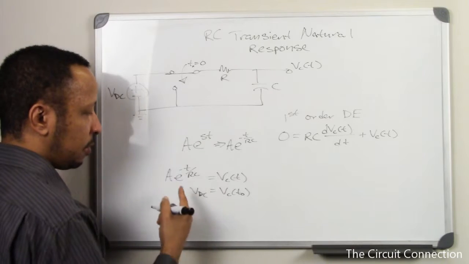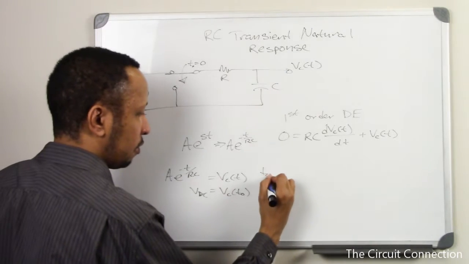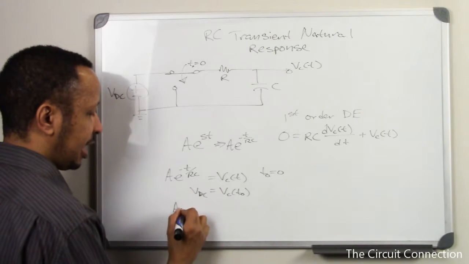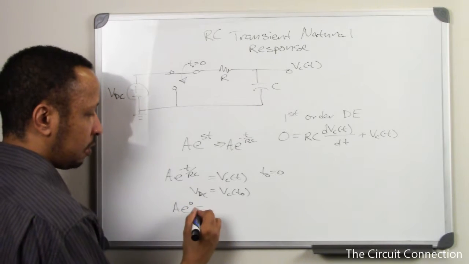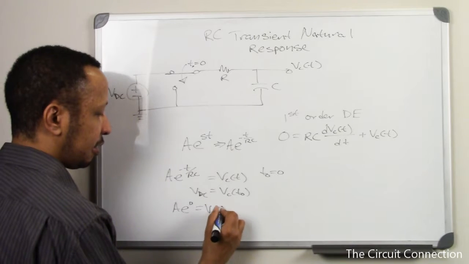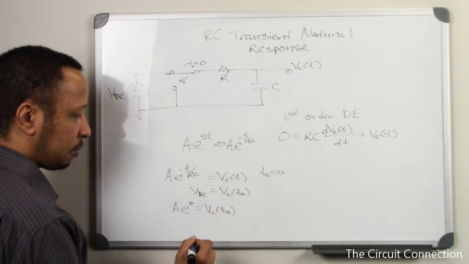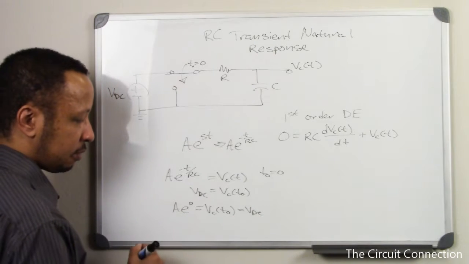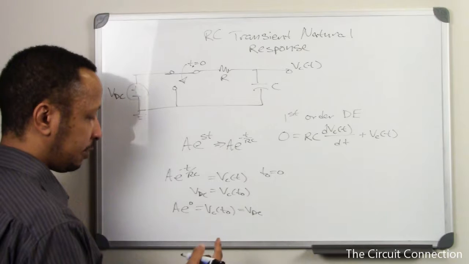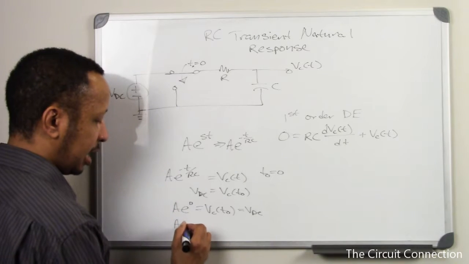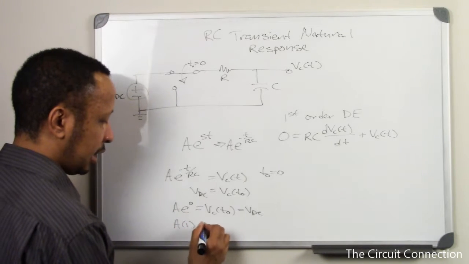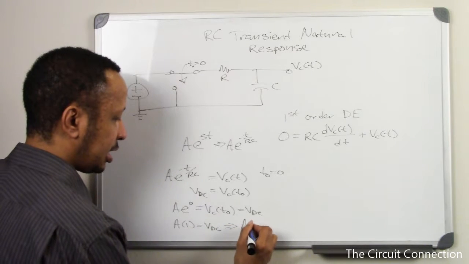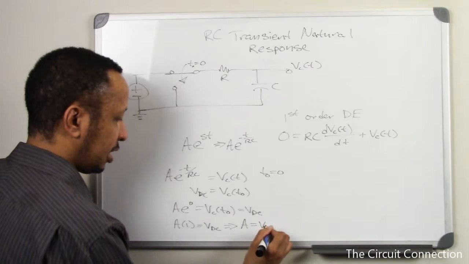If we take t sub 0, which is equal to 0 in this case, we have A times e to the 0 equals Vc of t sub 0, which equals VDC. Well, e to the 0 power is 1, so A times 1 equals VDC, and of course A equals VDC.